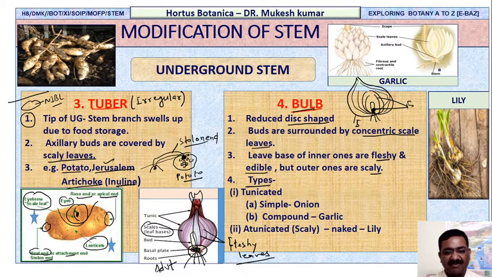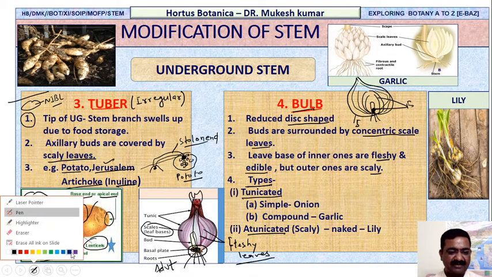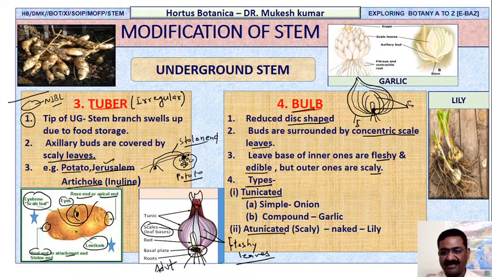If we talk about the types of bulb, we have one tunicate and another atunicate. Tunic means outer covering. It might be possible the outer covering is simple. In the case of onion, you can cover the whole onion by a single outermost layer.